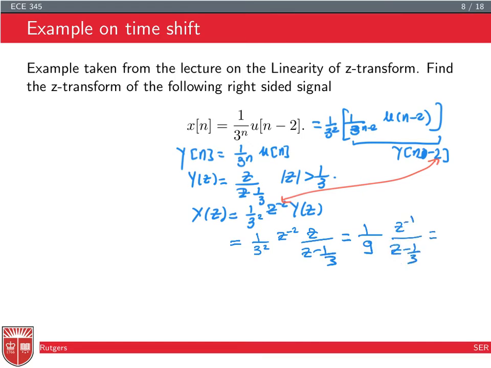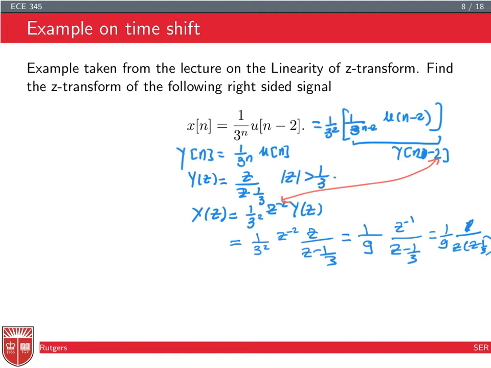If you multiply both numerator and denominator by z, you get 1 over 9, 1 divided by z times (z minus 1/3). So you can see that you created a new pole at z equal to 0, which was not there before you shifted the signal.